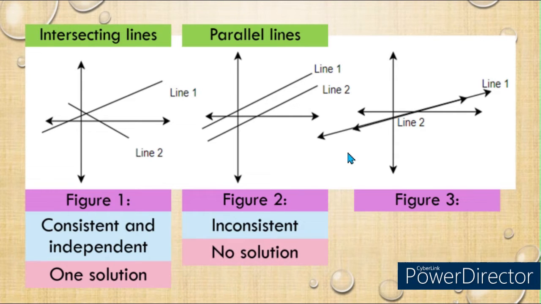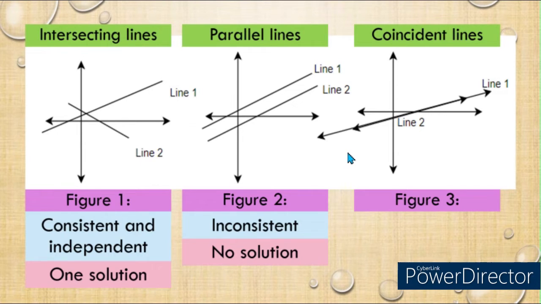Okay, so now let's proceed to figure 3. Figure 3 is what we call coincident lines. Coincident lines are lines that overlap or coincide. This means there are an infinite number of solutions for the system of linear equations.